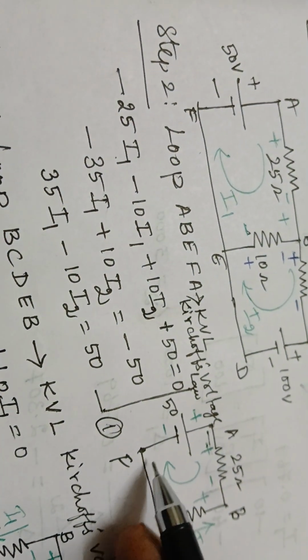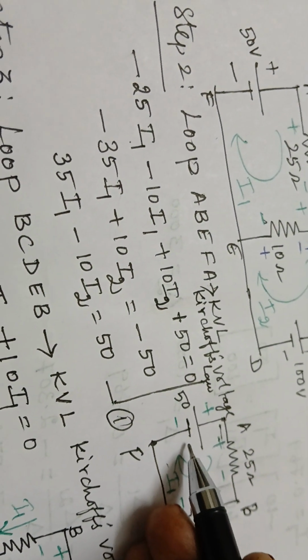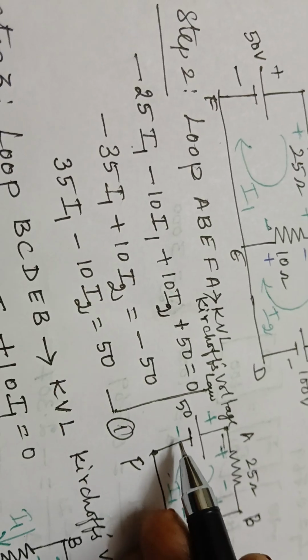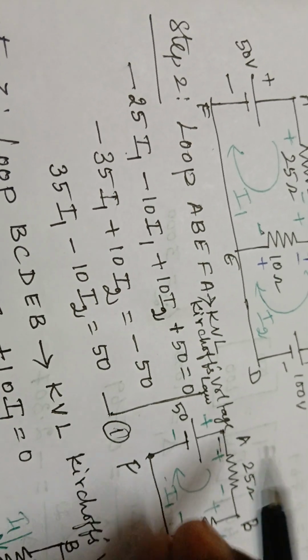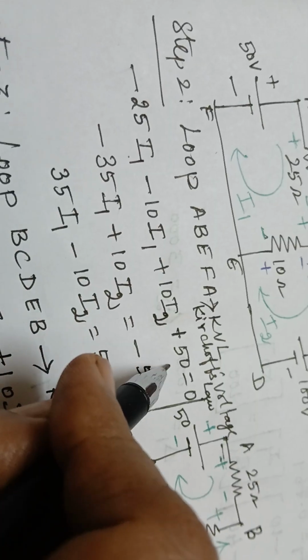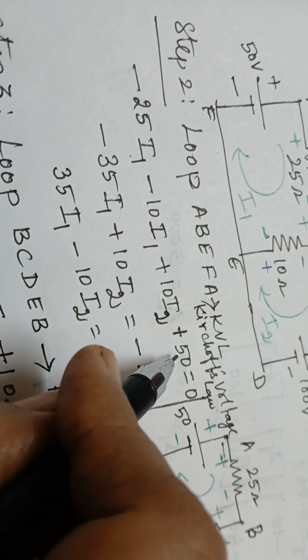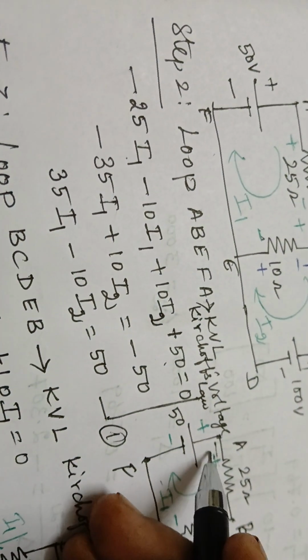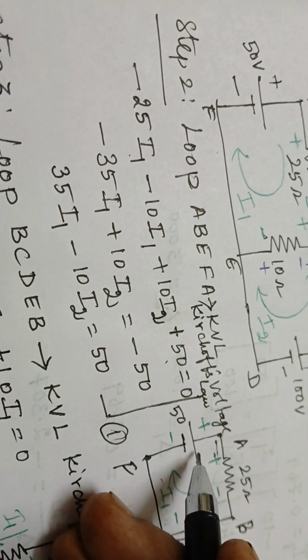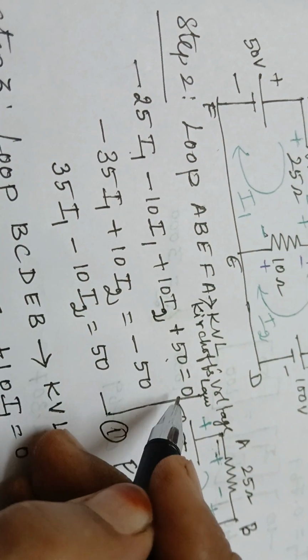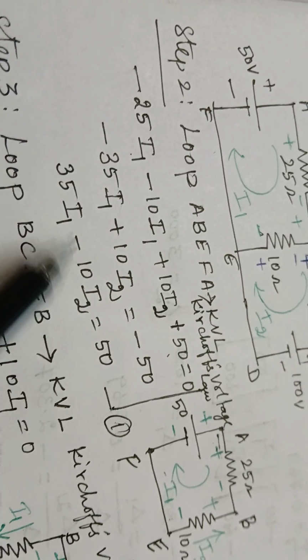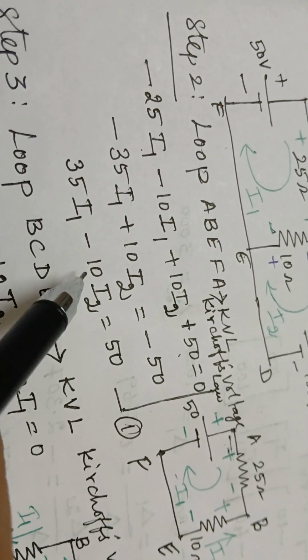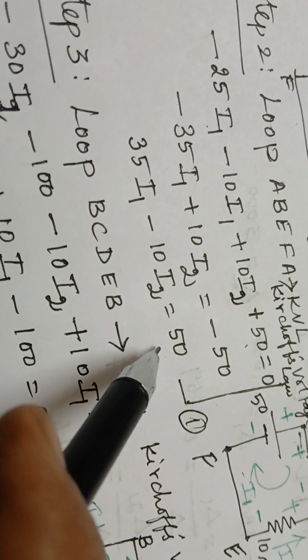Then it enters the battery, minus to positive, here it is plus 50. It is a potential rise, and the sum is equal to 0. So simplifying it, we get the equation 35 I1 minus 10 I2 is equal to 50.